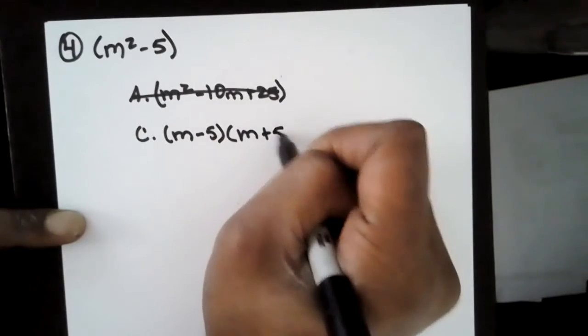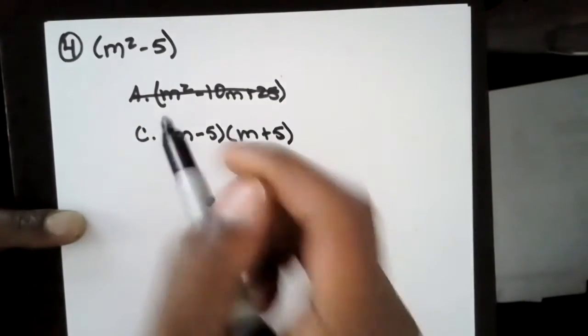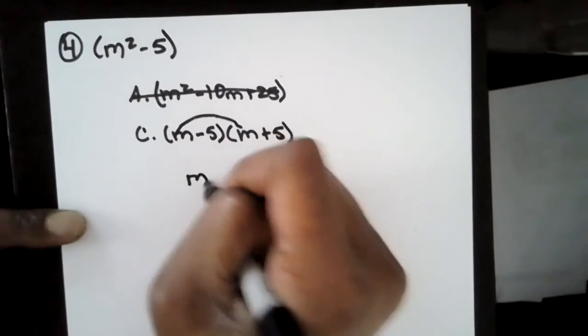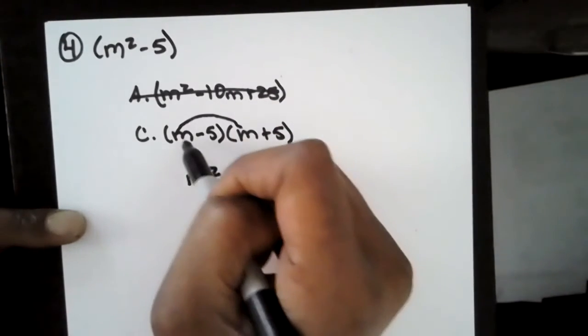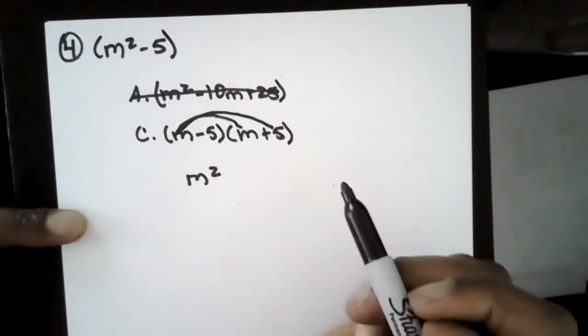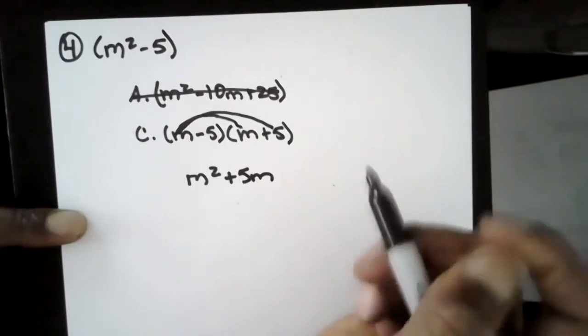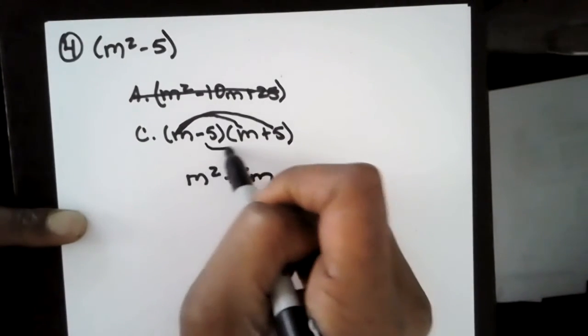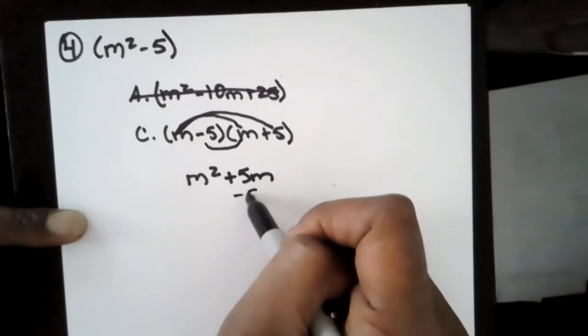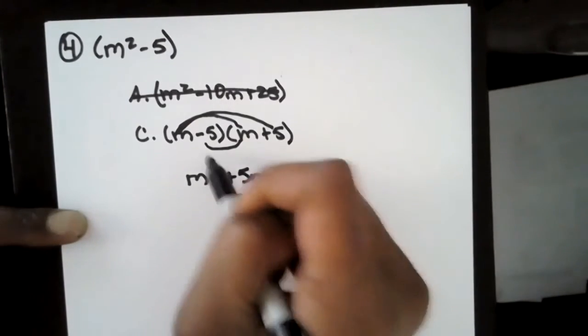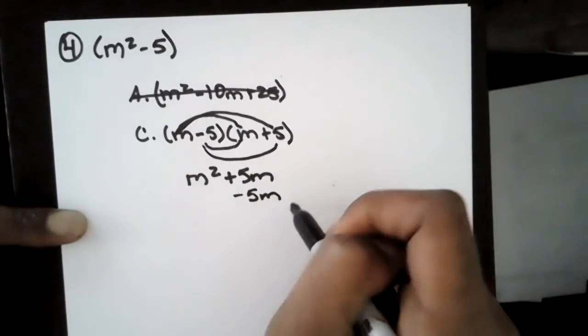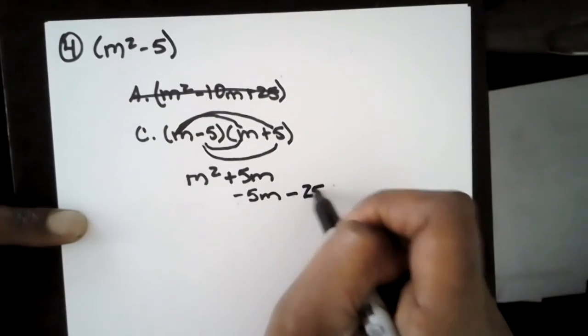Now let's do the math. M times m is equal to what? M squared. M times 5 will give you plus 5m. Negative 5 times m will give you negative 5m. Then negative 5 times 5 will give you negative 25, right?